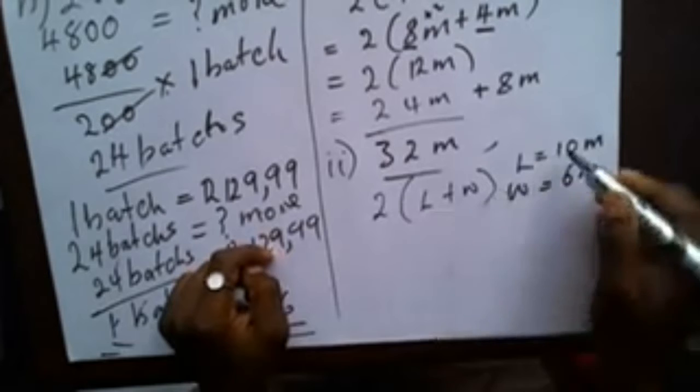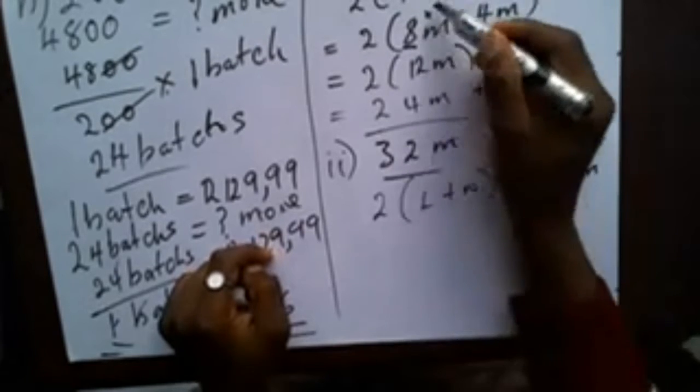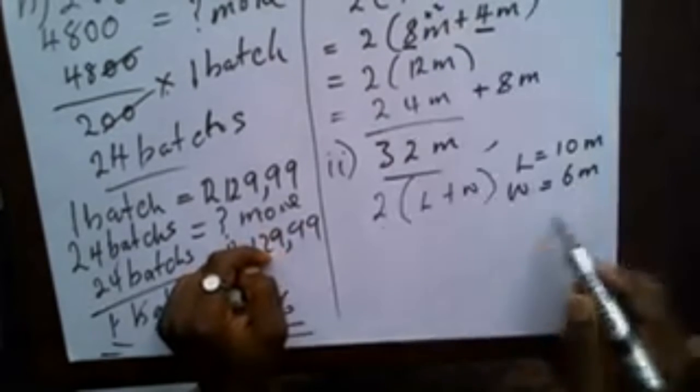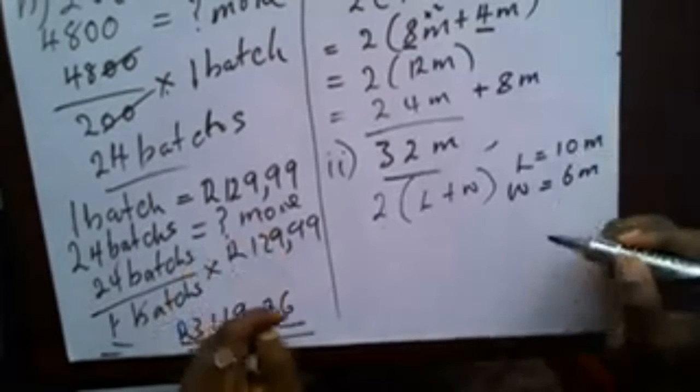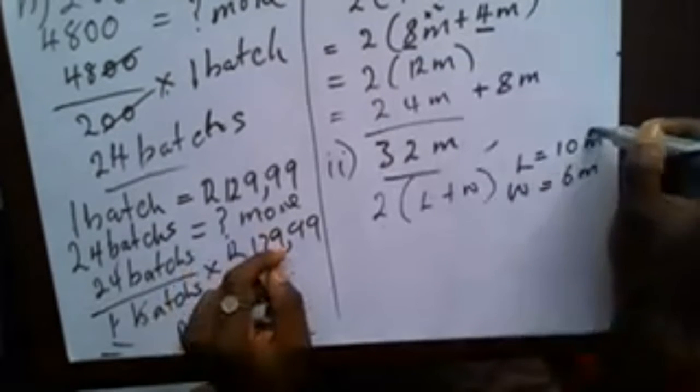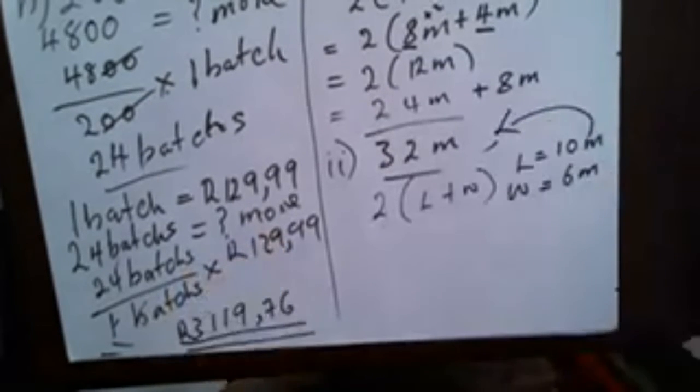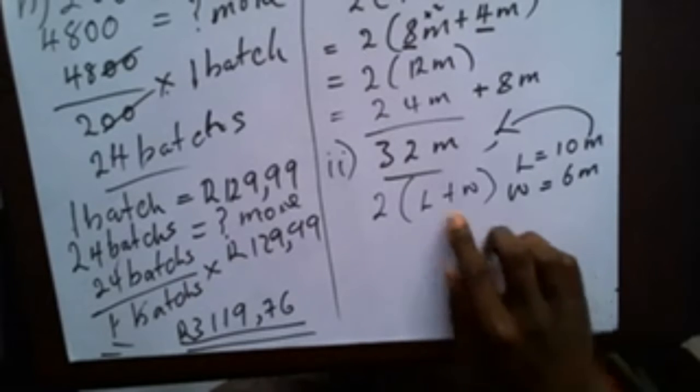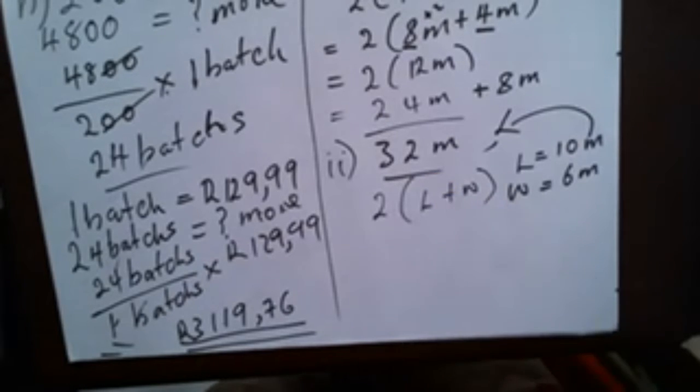This is simply what I'm saying here, guys. If you use these two measurements, they will get back to you this 32 value we have there. So this is the length of fence they are going to use. Okay, so this was item 2, the length of fencing needed.